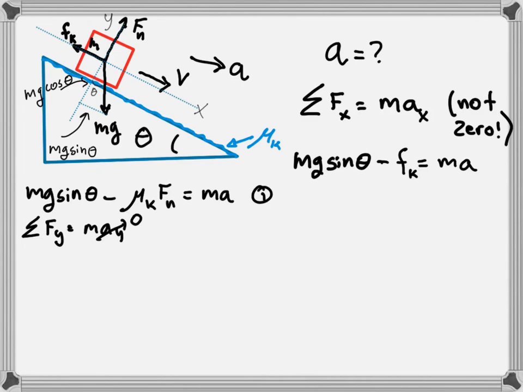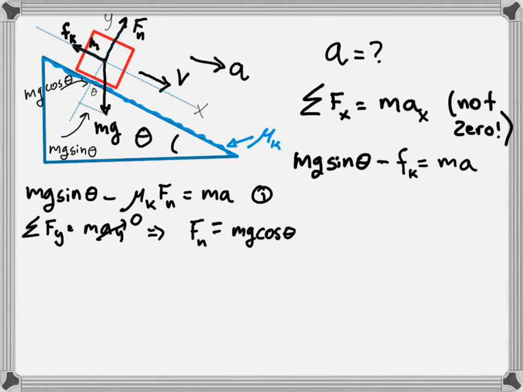As before, we would like to figure out the normal force, replace it, and figure out the acceleration and how it is related to mu sub k. So from the y components, again, Fn minus mg cosine theta is 0, as we did before.